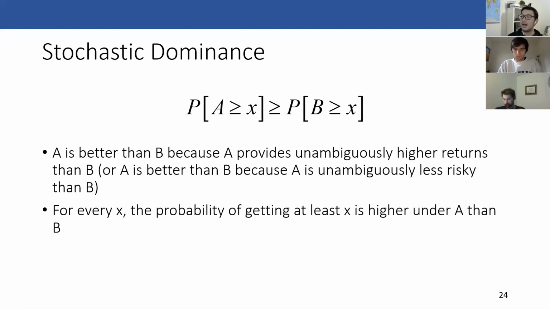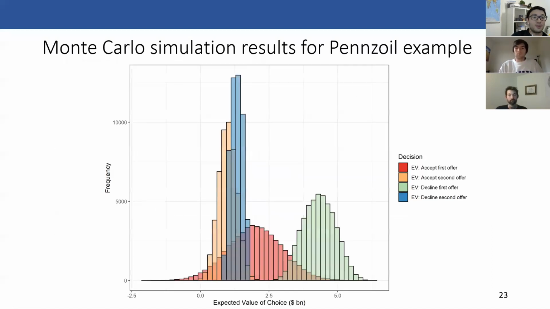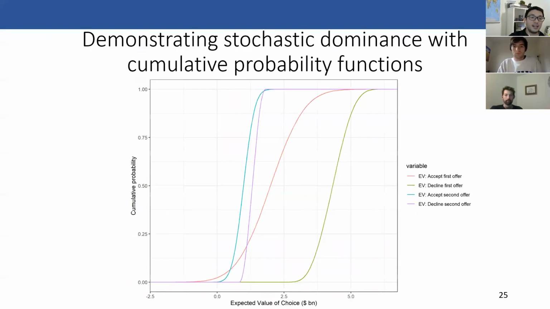And so I can actually graph this. If I were to take this particular result and plot it as a cumulative density function instead of a probability density function, which is known as a PDF, you can calculate it here and show that one outcome has stochastic dominance over another, which means that it's always going to be better.